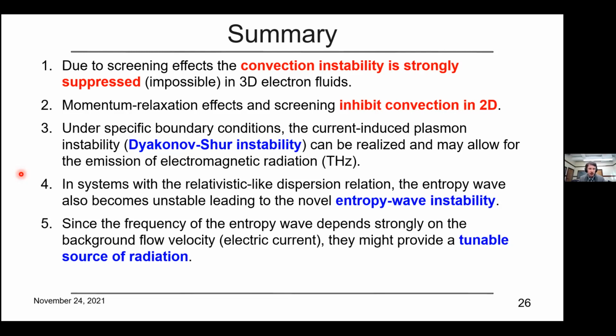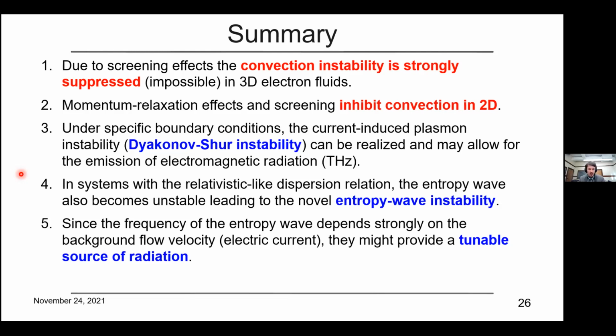In the second part of my talk, I discussed the formation of various instabilities driven by external currents. In particular, under specific boundary conditions, we confirmed that the current-induced plasmon instability, namely Dyakonov-Shur instability, can be realized for three-dimensional Dirac and Weyl semimetals.